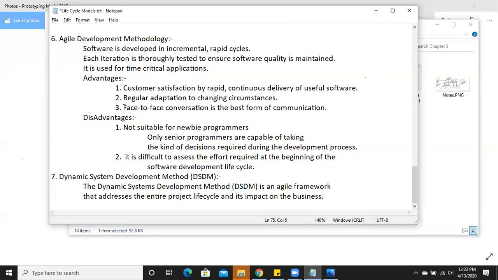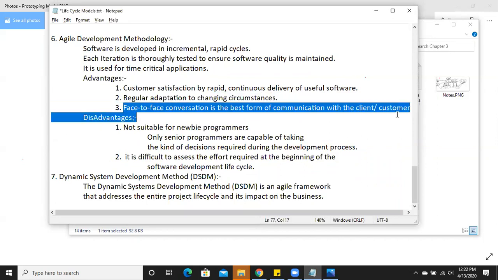Okay, face to face conversation is the best form of communication with the client or the customer.